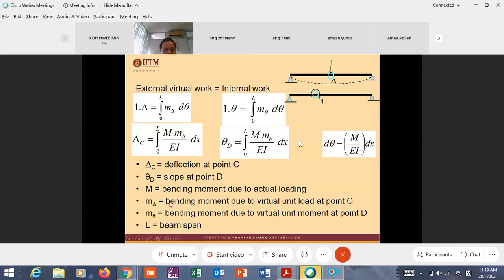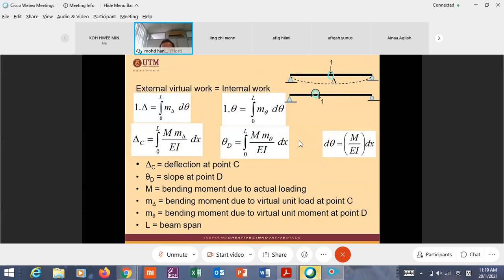Read here. M delta is the bending moment due to a virtual unit load at point C. M theta is the bending moment due to a virtual unit moment at point D. In this case, it is required to determine the deflection at point C and slope at point D. If the deflection and slope are to be calculated at the same point, then you apply one unit load at the same point.